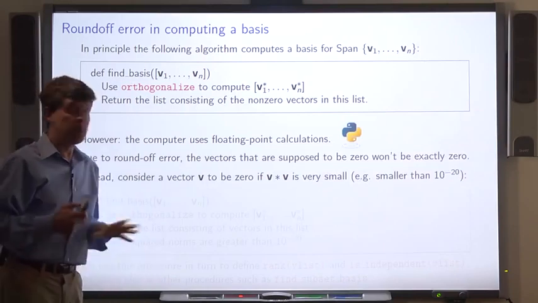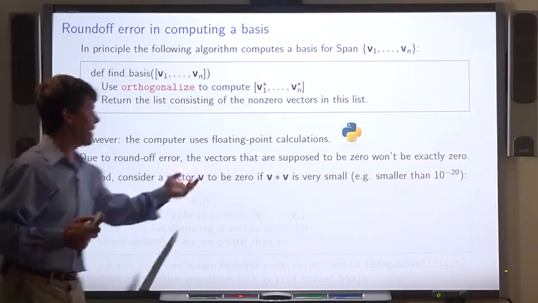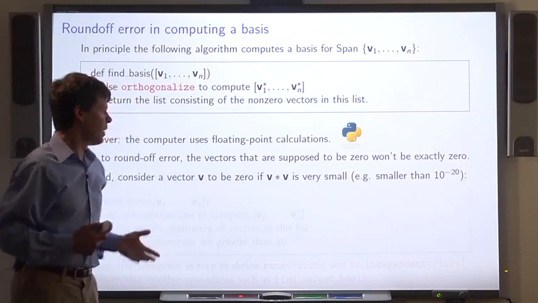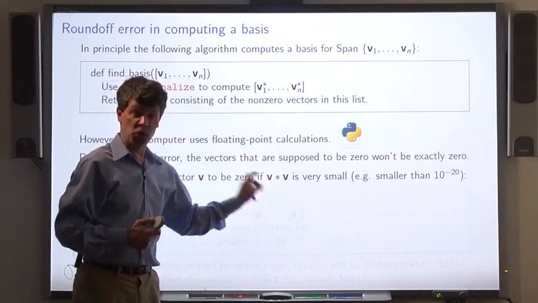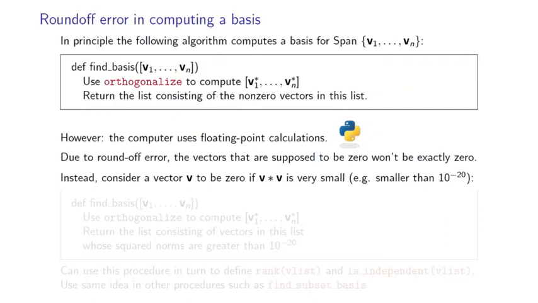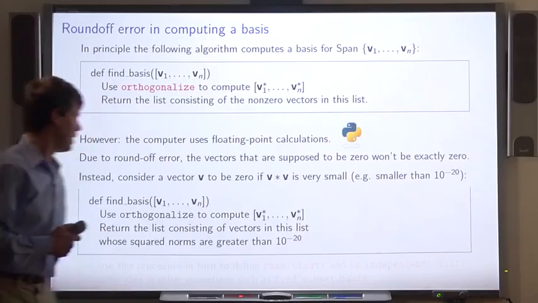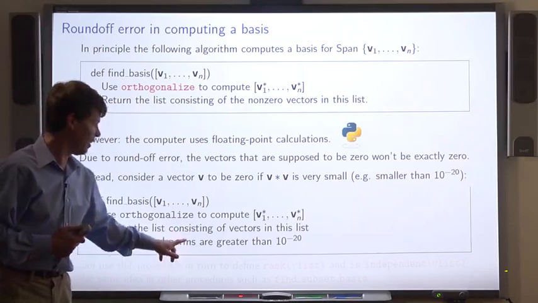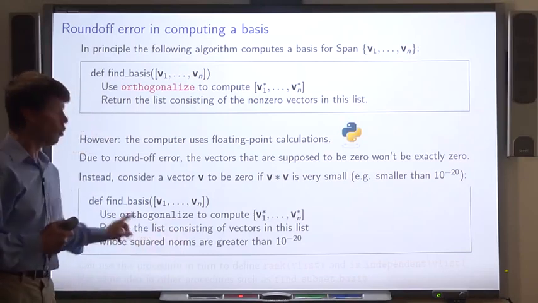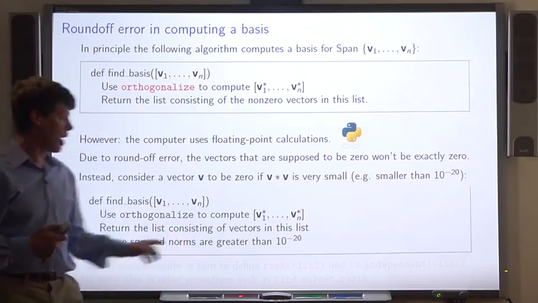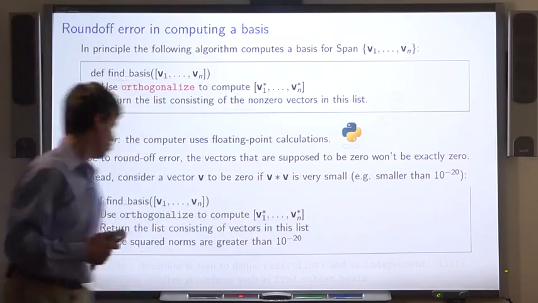So instead, we'll modify the algorithm to consider a vector to be effectively 0 if its norm squared, that is the dot product of v with itself, is very small, say less than 10 to the minus 20. So here's the revised algorithm. It applies orthogonalize, and then it returns the list consisting just of those vectors whose squared norms are greater than, say, 10 to the minus 20.